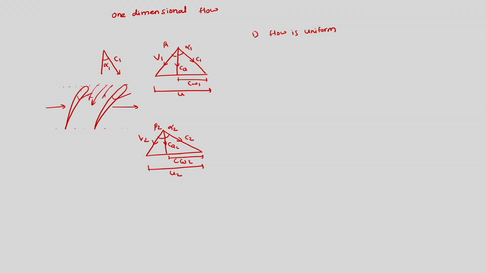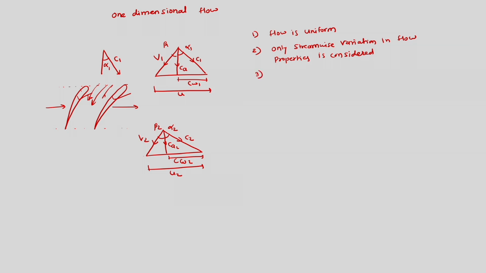In this passage we assume that flow is uniform. Secondly, only streamwise variation in flow properties is considered.